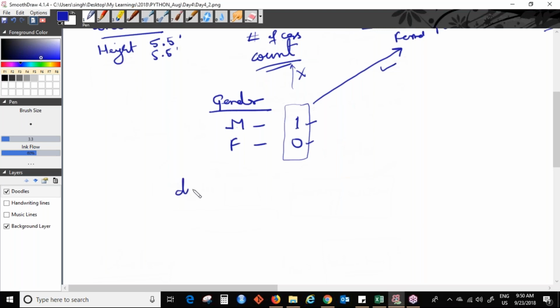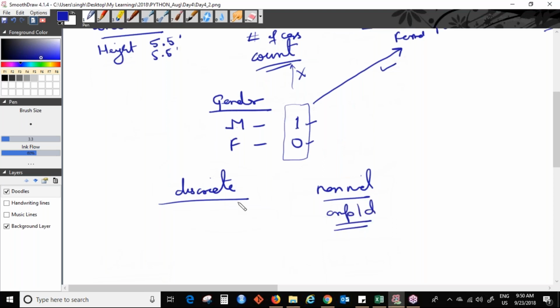So you want an example of discrete and nominal. What can be nominal? Gender is nominal, color is nominal. Let's say employee ID, for example. Yes, this is a good example.